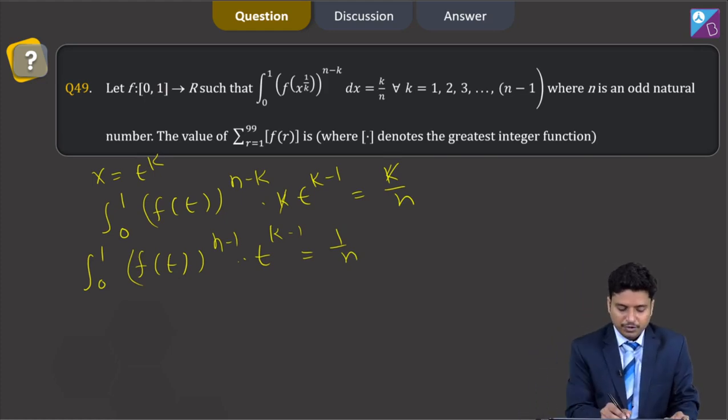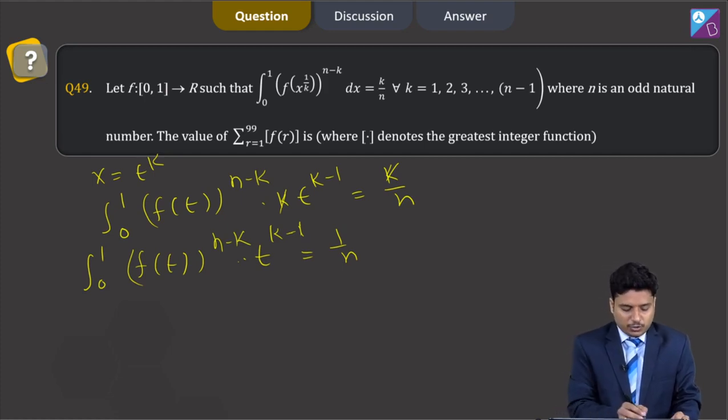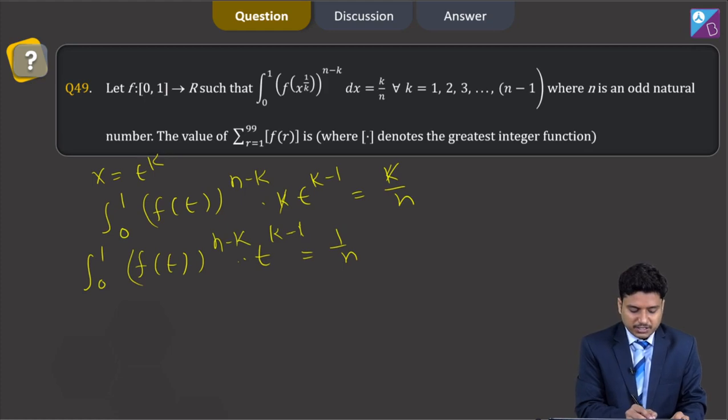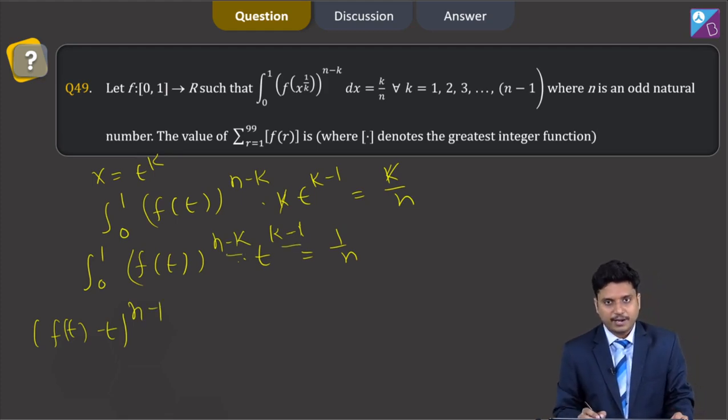But now what we can observe is that n minus k is there, k minus 1 is there. So one thing is clear, that this can be converted into a binomial expansion. So if we consider this expansion (f(t) minus t) raised to power n minus 1, because the sum of these two exponents is equal to n minus 1.